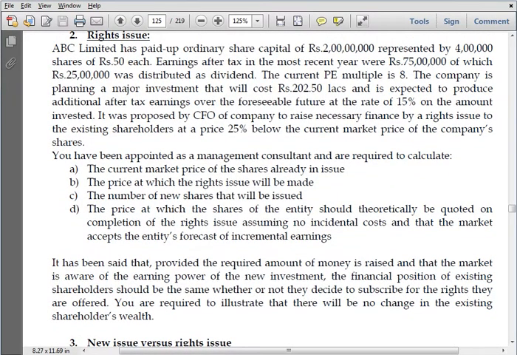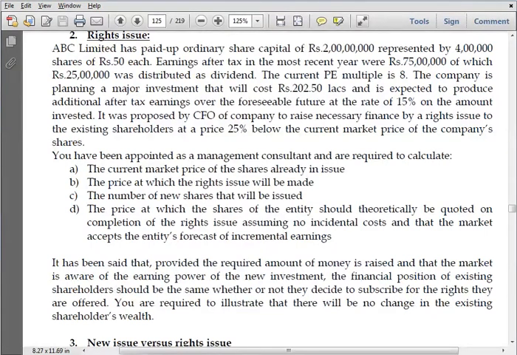ABC Limited has paid up ordinary share capital of 2 crores represented by 4 lakh shares of 50 each. Earnings after tax in the most recent year were 75 lakhs, of which 25 lakh was distributed as dividend. Current P/E multiple is 8. Company is planning a major investment which will cost 202.5 lakhs, expected to produce additional after tax earnings over the foreseeable future at the rate of 15%.